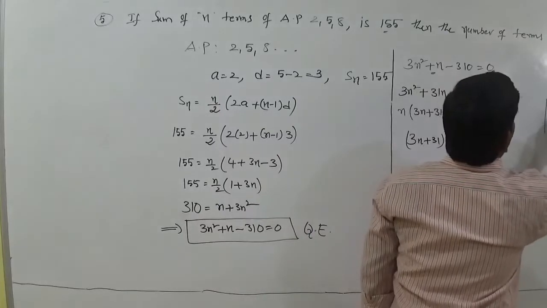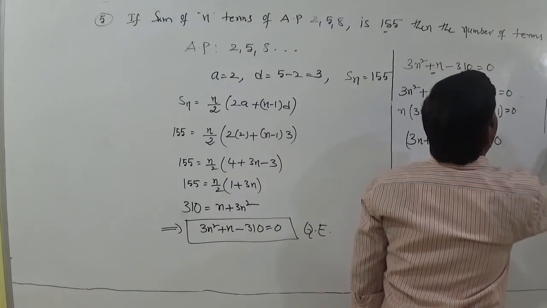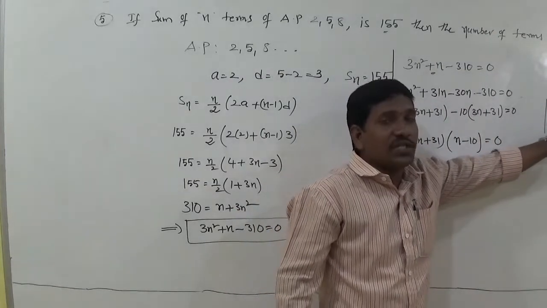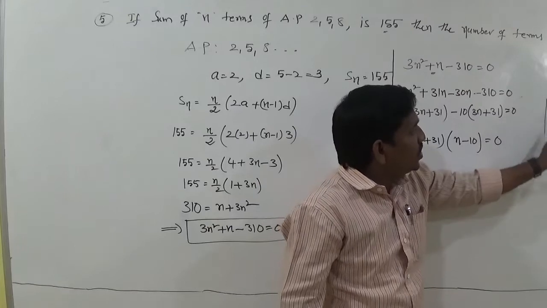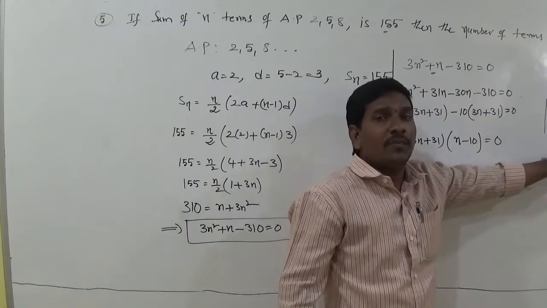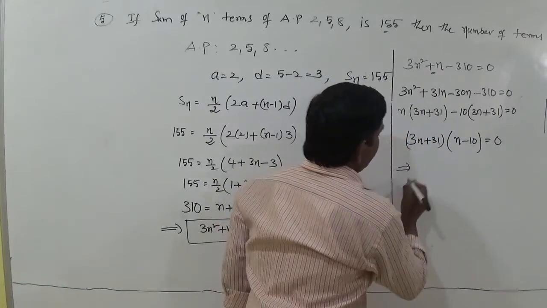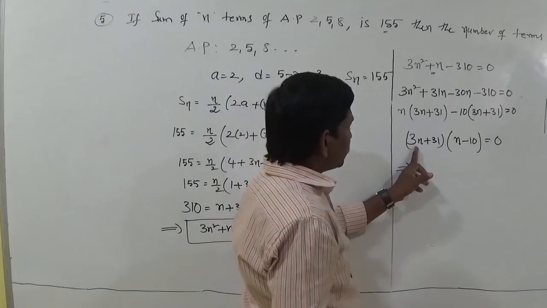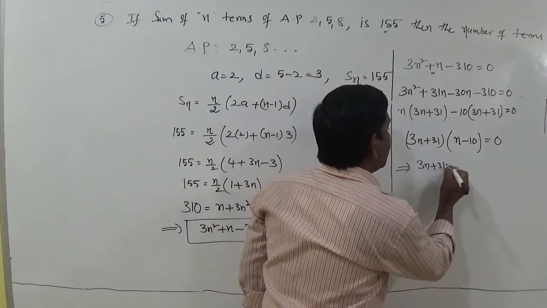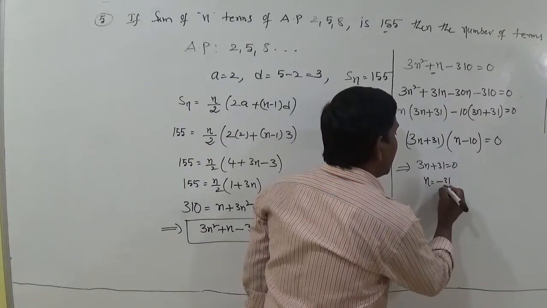We know that if AB equal to 0, we can write A equal to 0 or B equal to 0, since A and B are in product. In that manner, 3n plus 31 equal to 0 gives n equal to minus 31 by 3.